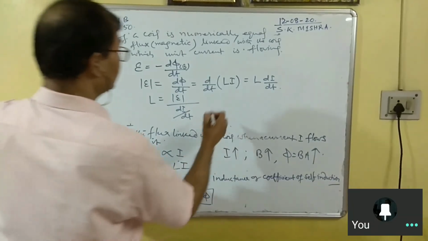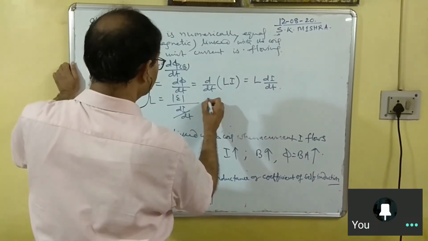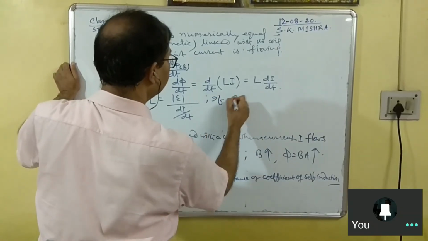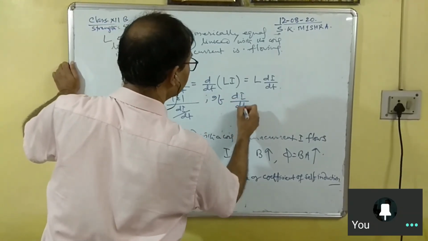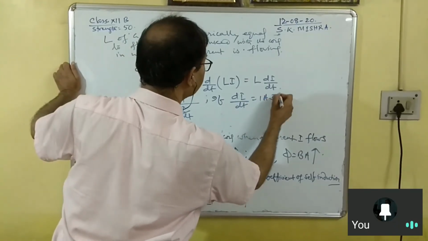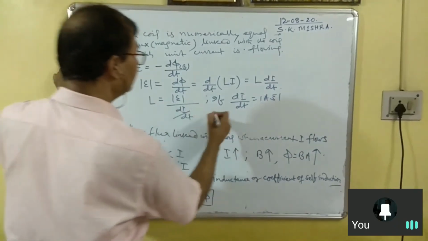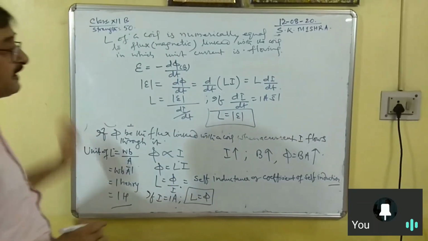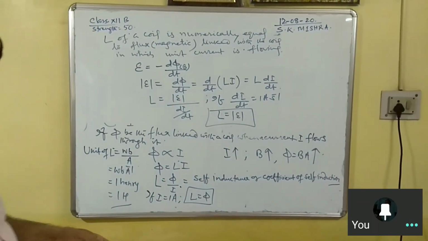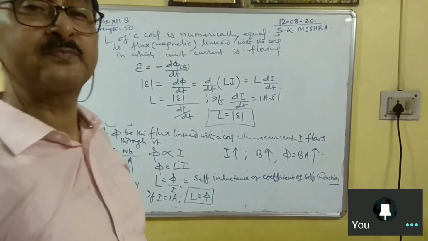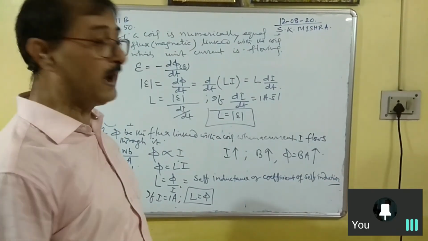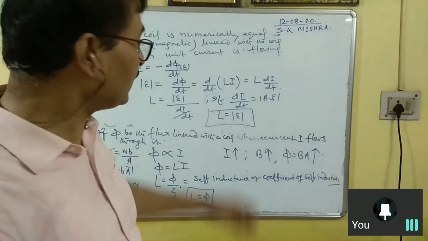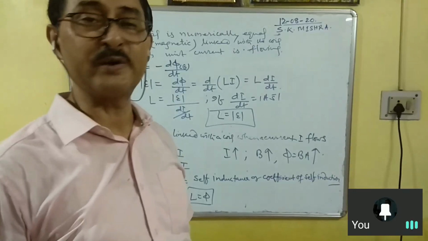Now if we consider di by dt equal to 1 ampere per second, then L is equal to mod of E. Means self-inductance is again equal to the induced EMF developed in a coil when a varying current of rate of change unity flows through it.